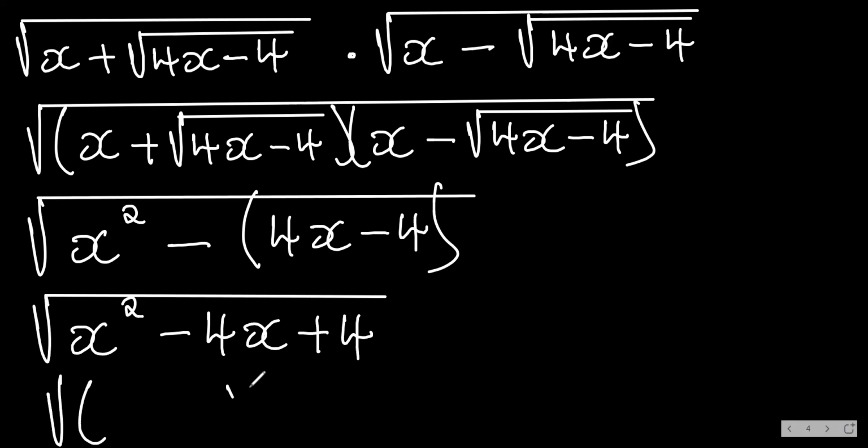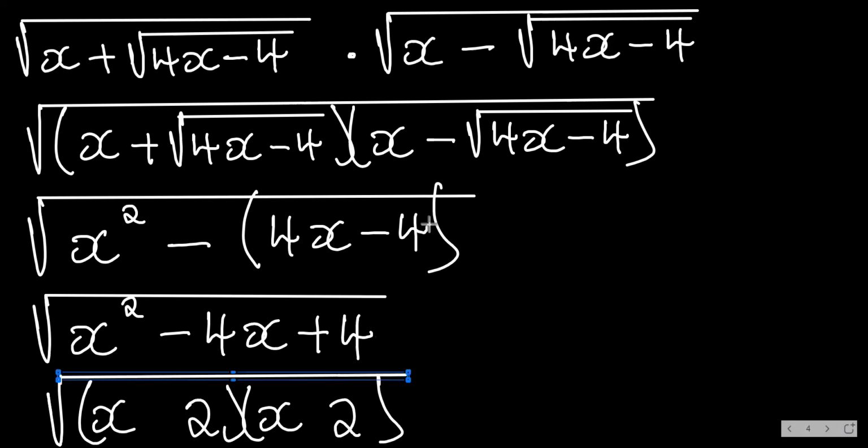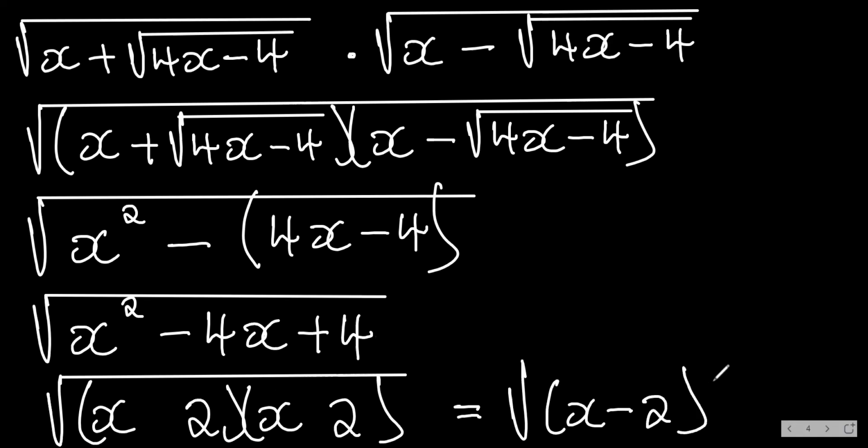And then we can factorize this and say factors of x squared are x and x. Factors of 4 that add up to 4 should be 2 and 2. And of course, this is the same as square root of x minus 2 squared. Oh, yes, they should be both negative.